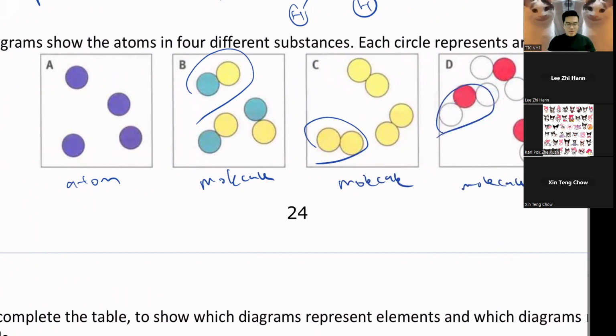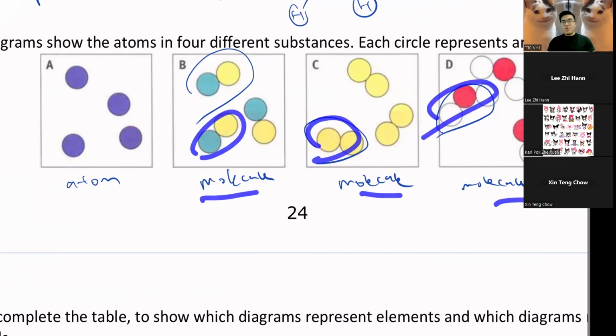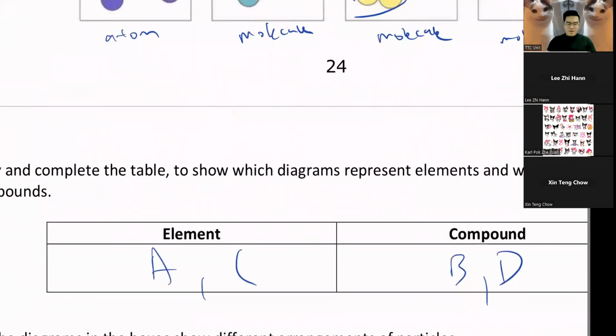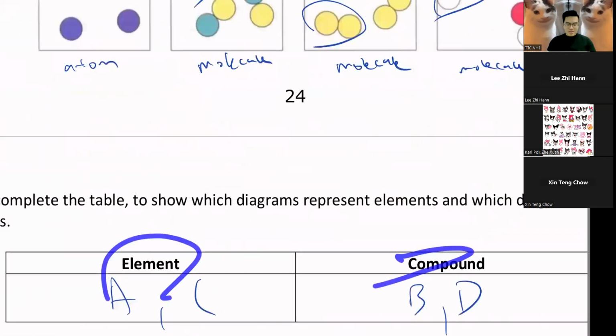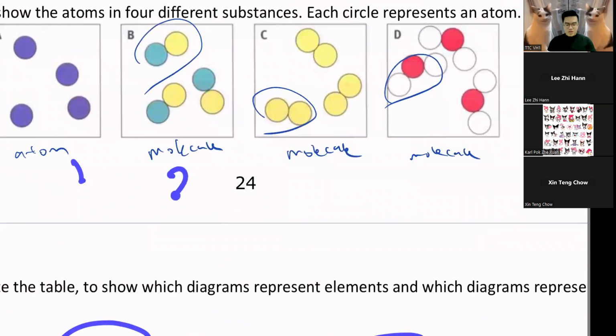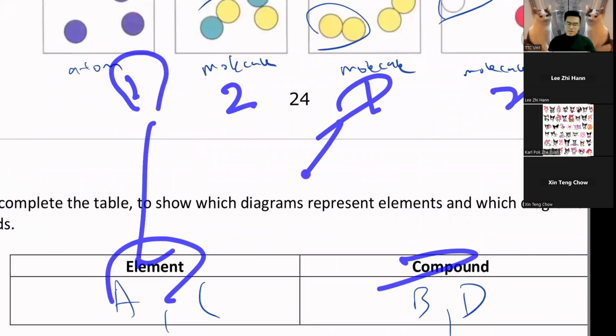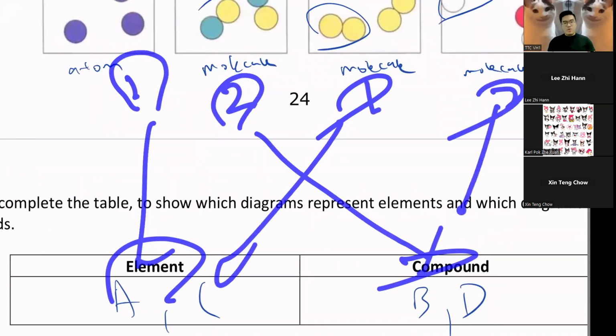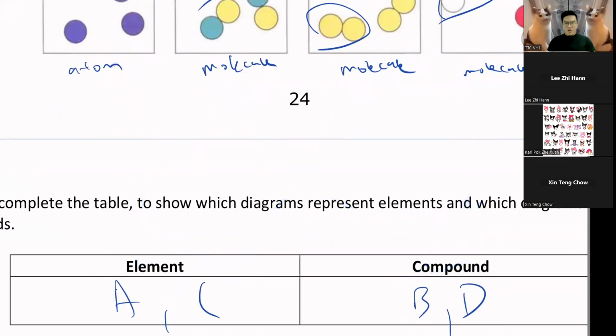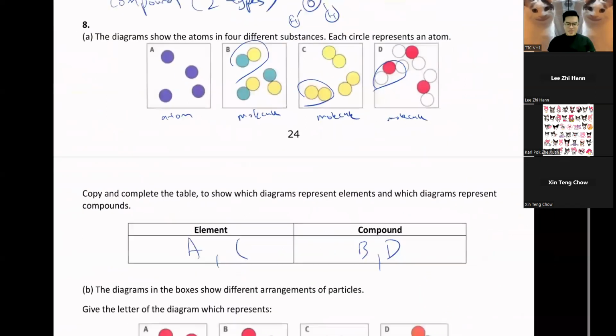So you see, this is the number: 1 is an atom, 2, 3, 4, molecule, molecule, molecule. This one is the type: 1 type, 2 types, 1 type, 2 types. So the 1 type one is your element. The 2 type one is your compound. I hope you get what I mean.